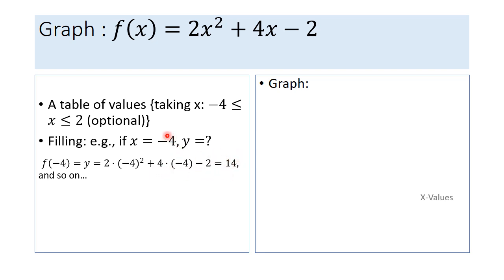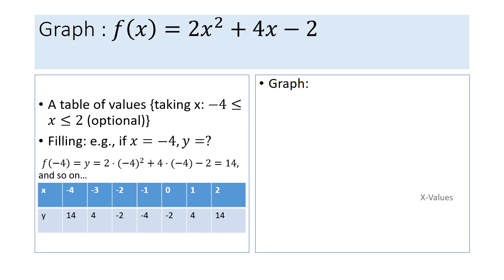So if x is -4, y is 14. We substitute into our table, as you can see here. If you also take x is equal to -3, you are going to get 4 as the value of y. Then -2, -1, 0, 1, and 2, as you can see here.